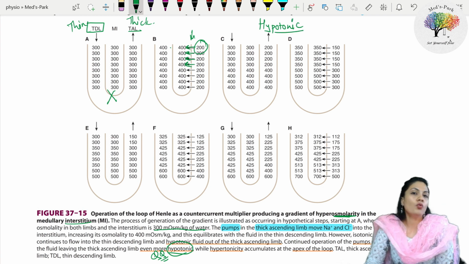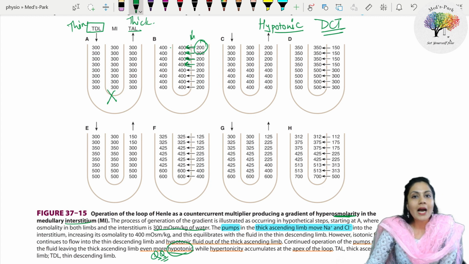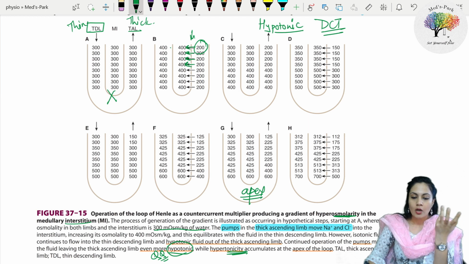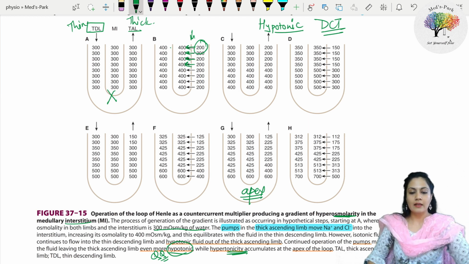Or they can ask you about fluid entering the DCT, it is going to be hypotonic. Okay, while hypertonicity accumulates at the apex of the loop, the apex is this one. Okay, so it is going to have higher tonicity, that is hypertonicity.